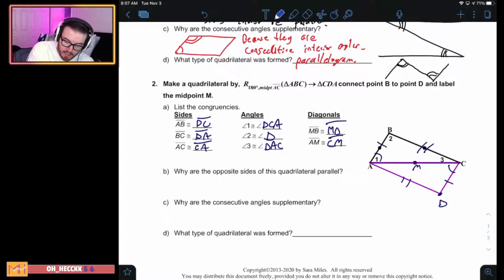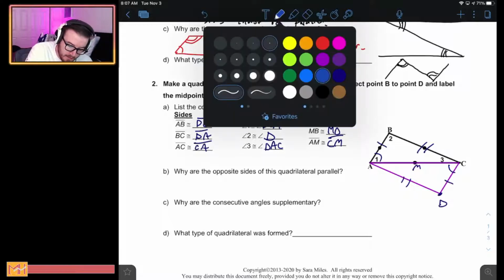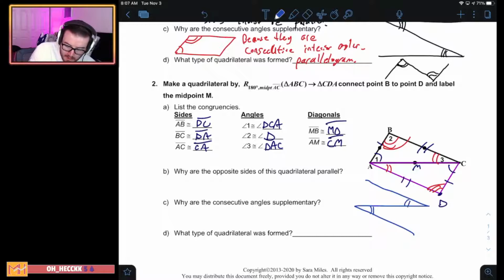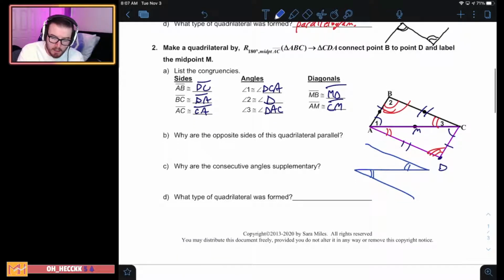However, if you really think about it here, we basically have the same drawing. Here's my zigzag. Angle 3 and that guy, yep, they're congruent. We once again have parallel sides.